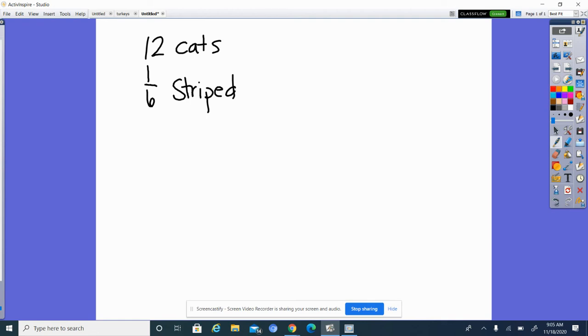Someone from this area in this classroom. What do we need to find out? We got to find out what 1/6 of the 12 cats has striped tails. Good. What does it tell us when we see this word of? Multiplication.